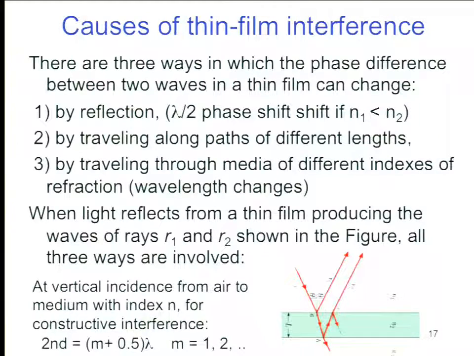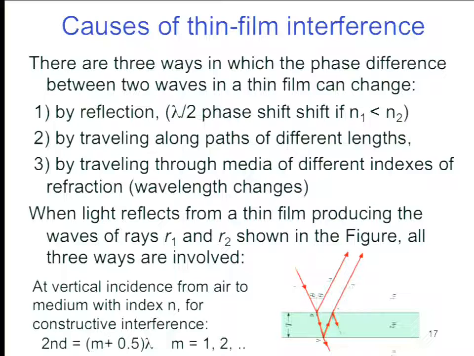Well, now the book also goes into thin film interference, and here is another way in which one can make two beams of the same wavelength and frequency overlap each other and hence produce an interference effect. And that is you reflect light off the top surface of a film and then off the bottom surface.